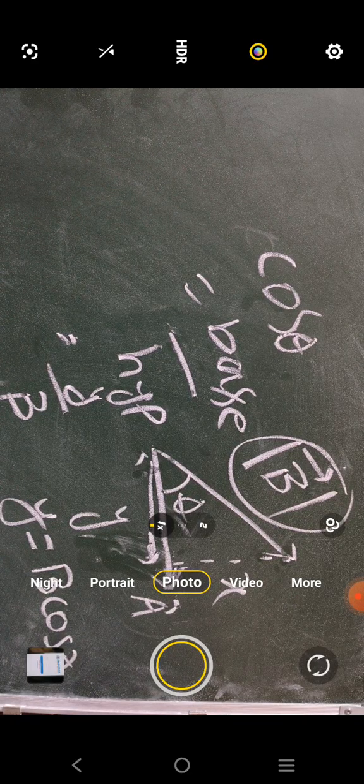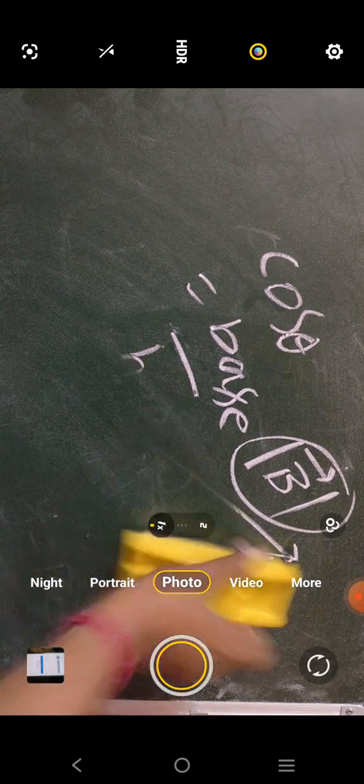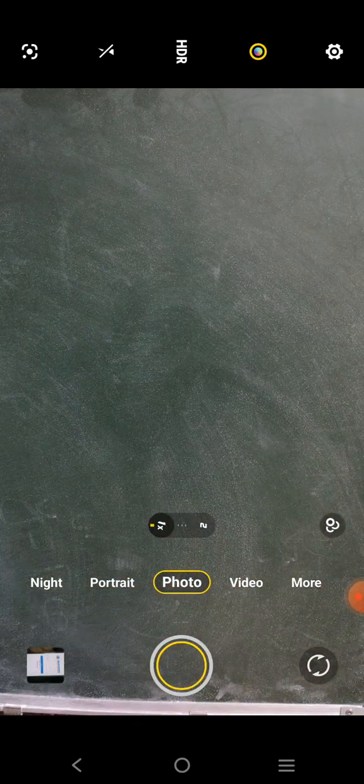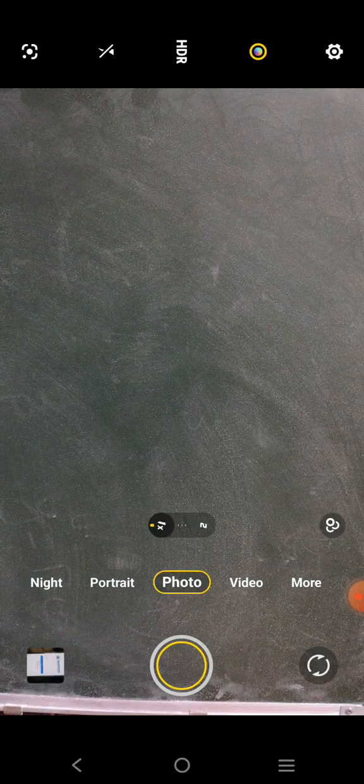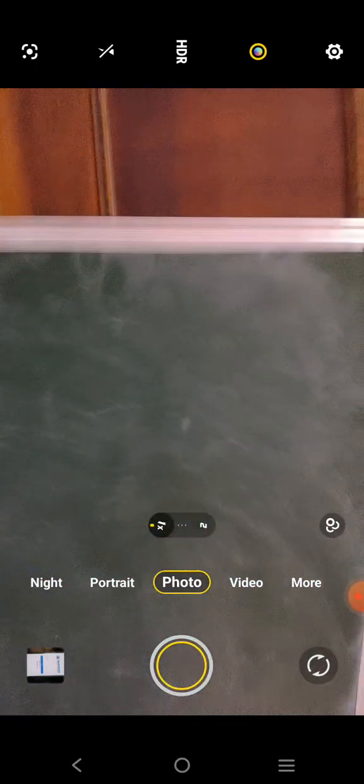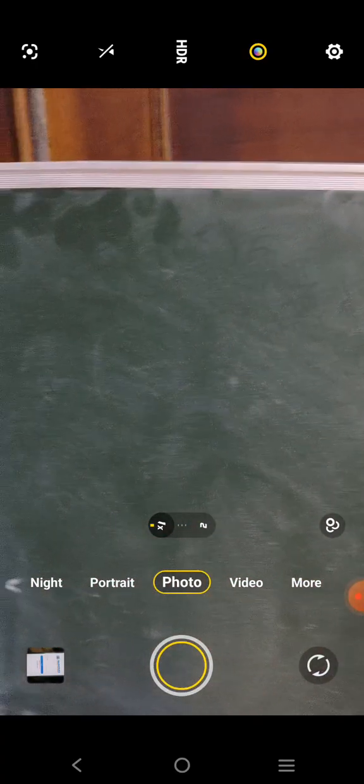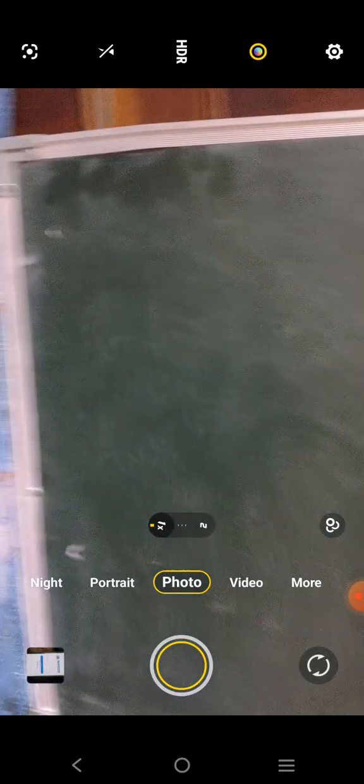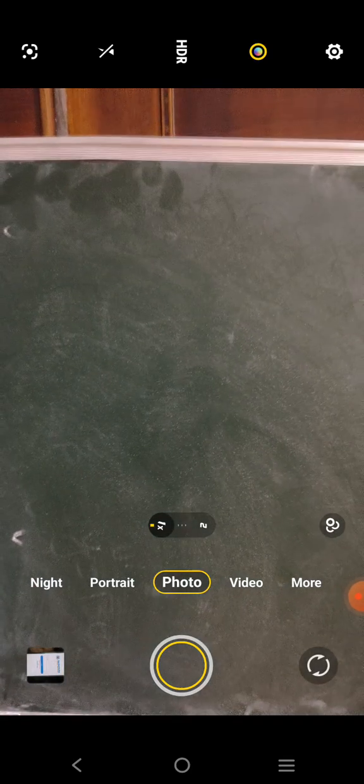Similarly, if I tell you the projection of B on A, I am taking two vectors. Let me take it very steadily. Sorry for the interruption, students.